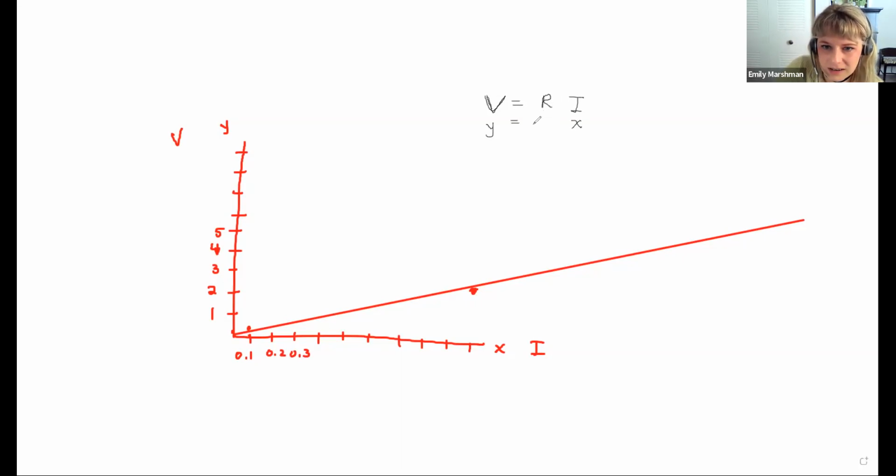R. And that has to be equal to the slope, right? If I take voltage and I divide it by current, I'm going to get R. That's slope, rise over run, right? Y over X.